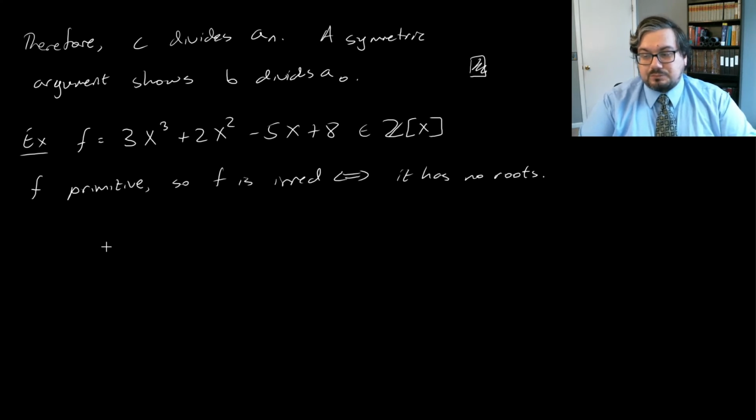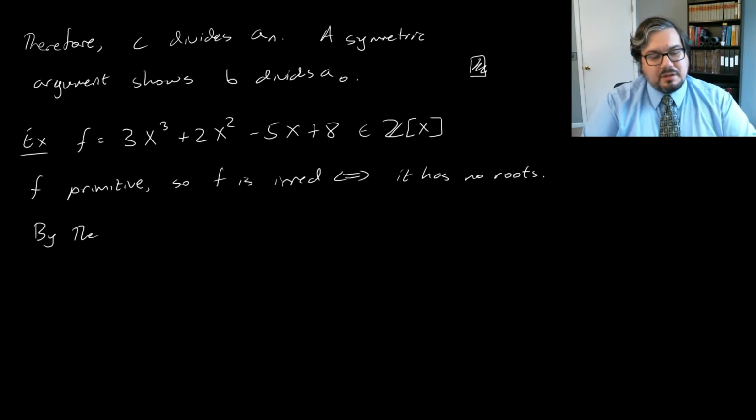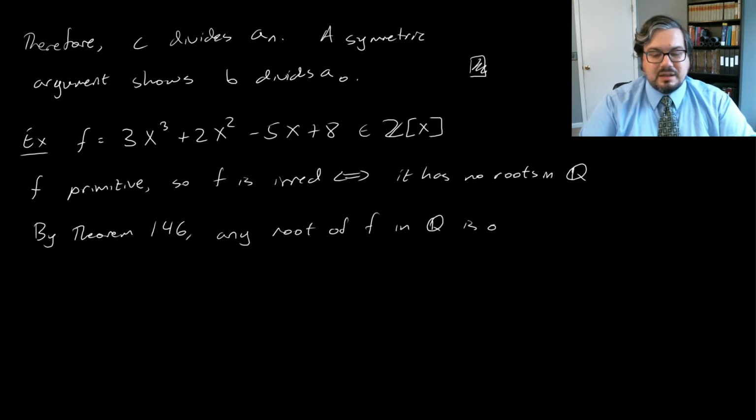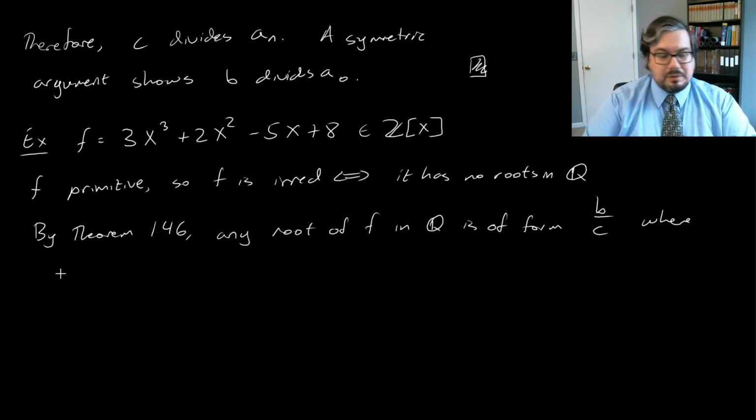Therefore, by theorem 146, or it has no roots in Q, I should say, the field of fractions of Z. By theorem 146, any root of f in Q is of the form b over c, where b divides 8, the degree 0 term of the polynomial, and c divides 3.